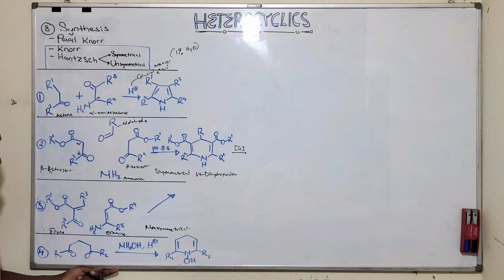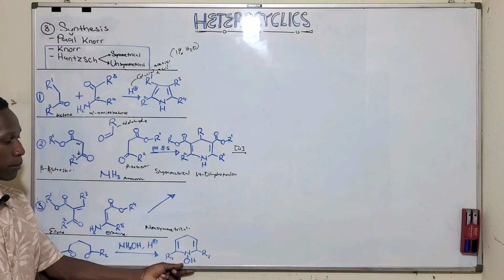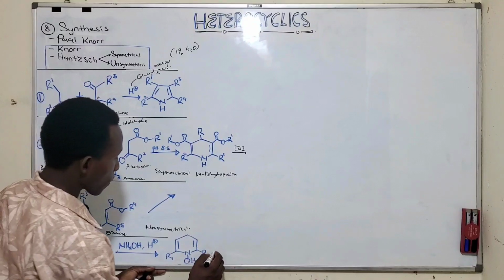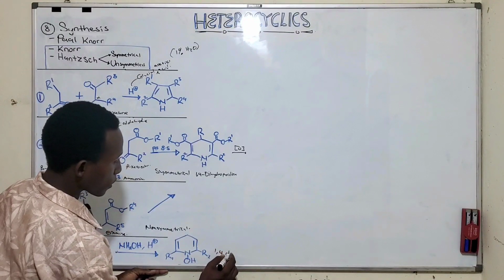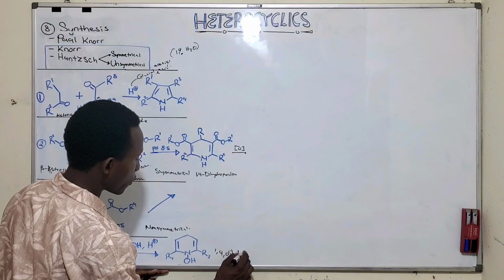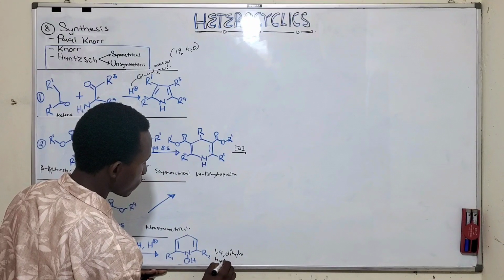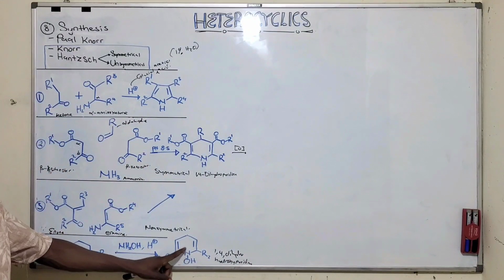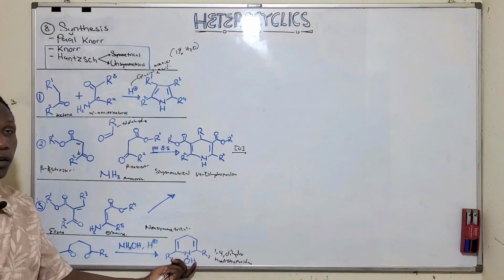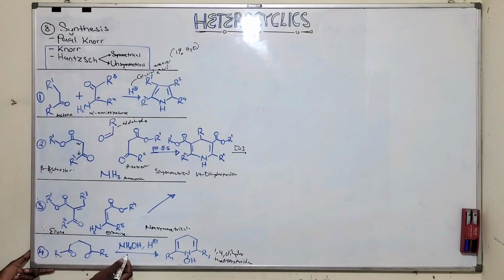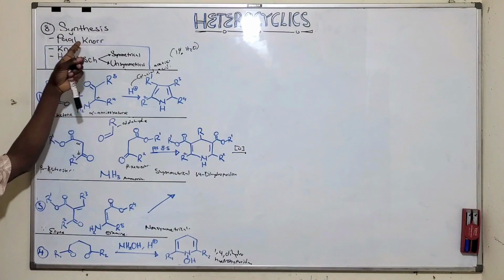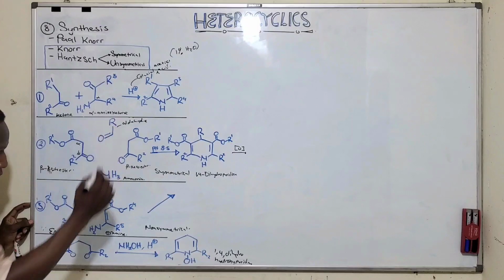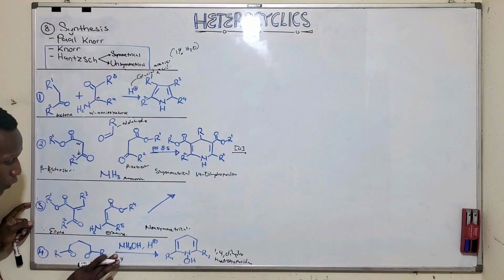Then we have this reaction or formation of hydroxypyridine. This is hydroxypyridine. This nitrogen is saturated and this carbon is saturated, but we have an OH group. So this one, like for Knorr synthesis, we saw that we are getting the 5-membered heterocyclics from 1,4-diketone.